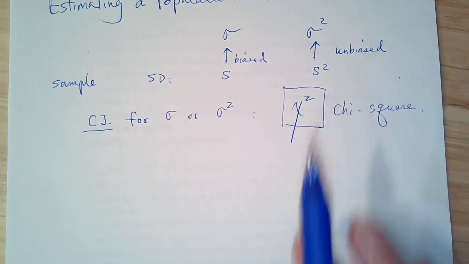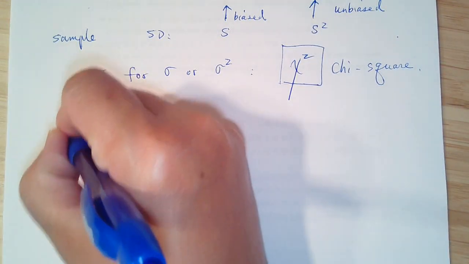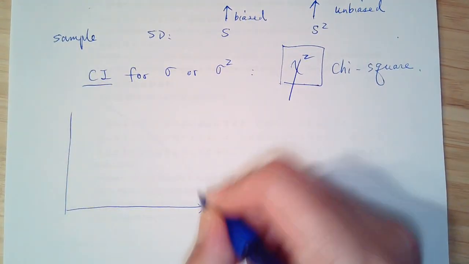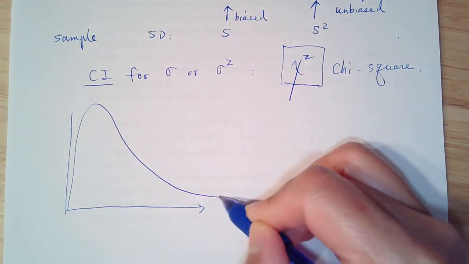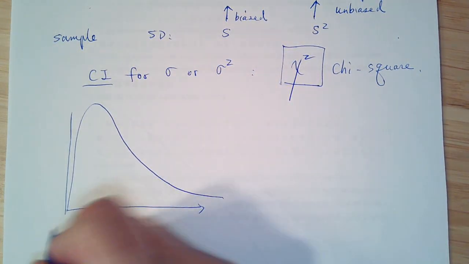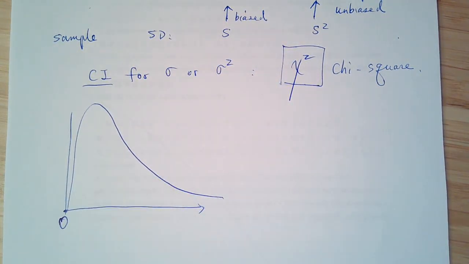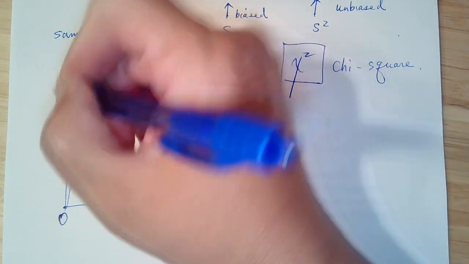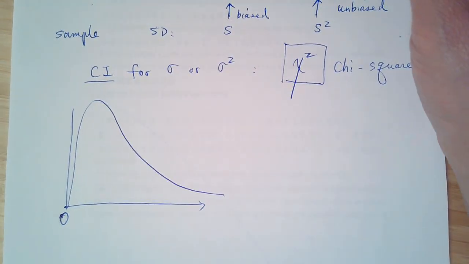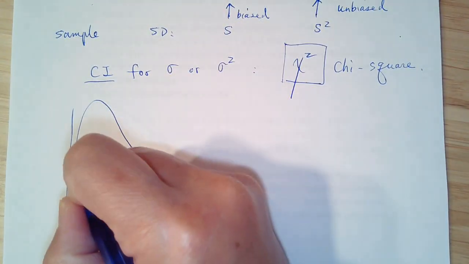Let me tell you what the chi-square distribution looks like. It looks like this. That's weird, isn't it? Because here is a 0. So for the chi-square distribution, there's no critical value less than 0. In other words, there's no negative critical value for chi-square.